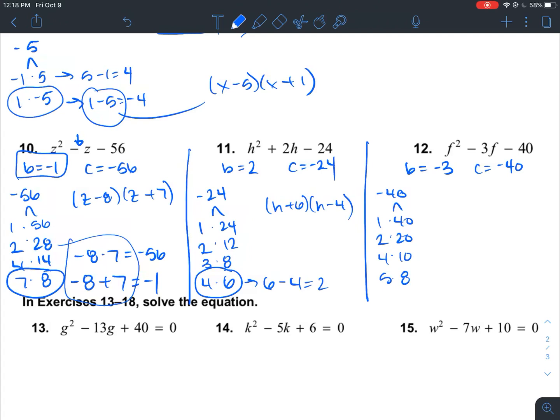Now can we take any of these pairs and combine them to be negative 3? That would be this pair right here. It would have to be negative 8 and positive 5. So factors are f minus 8 and f plus 5.